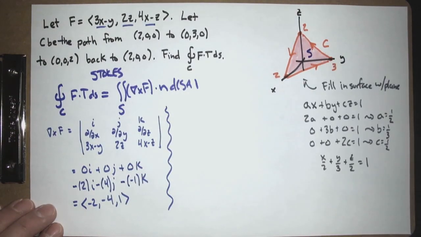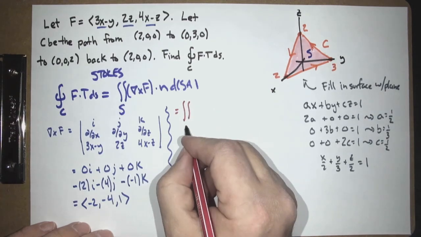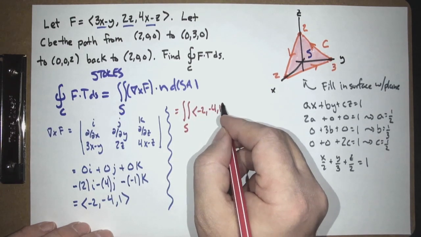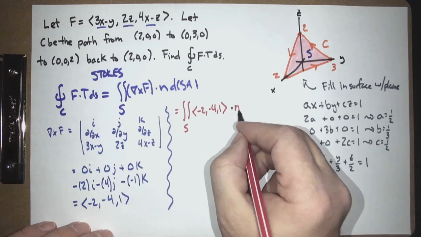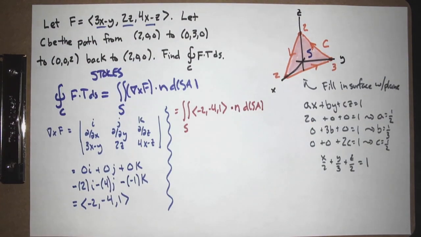So updating, we now know what we need to compute. We need to find the integral over S of (minus 2, minus 4, 1) dot n dS. Now there's two options that you could take.